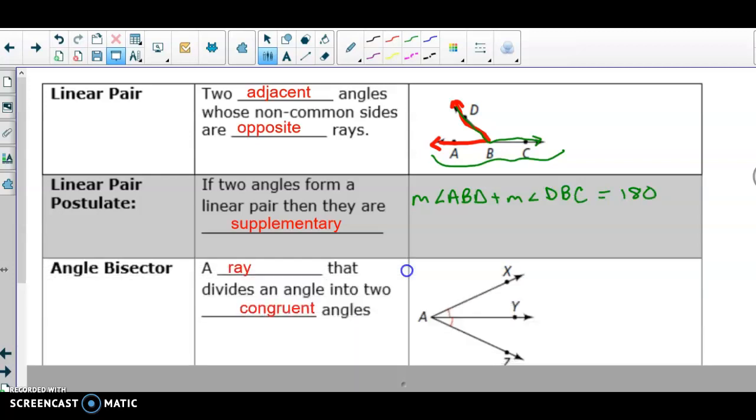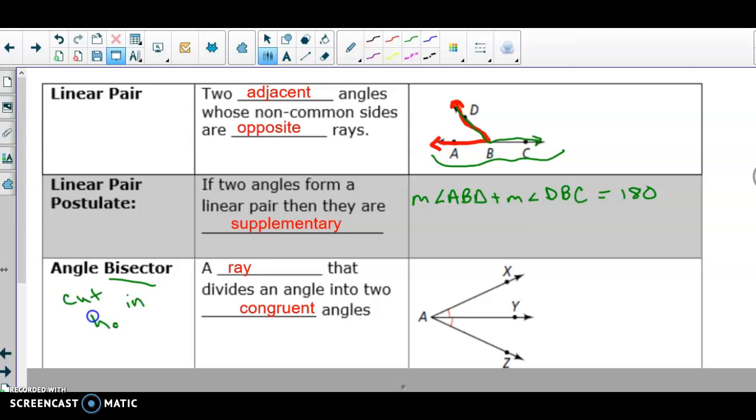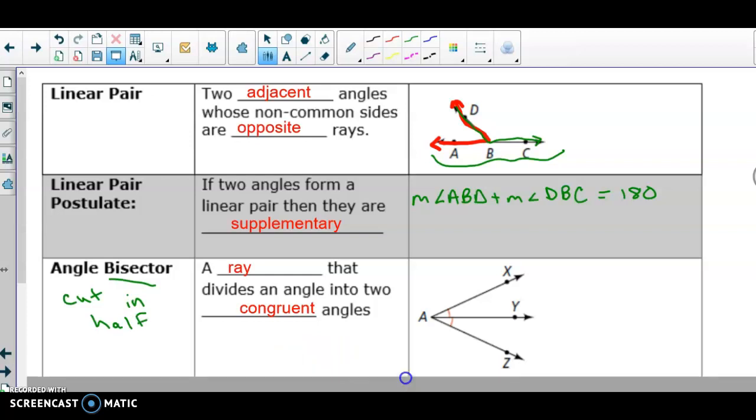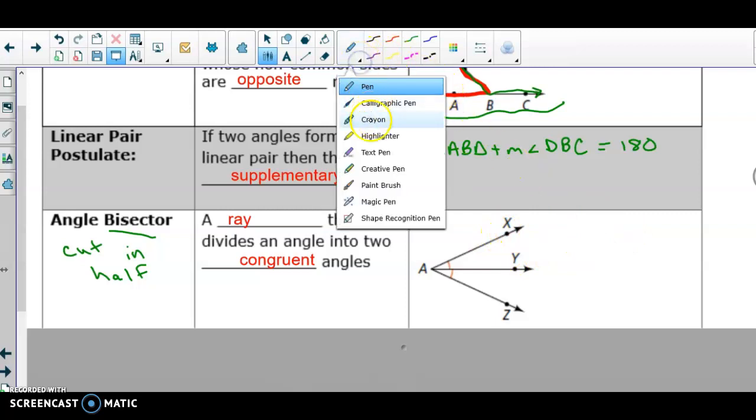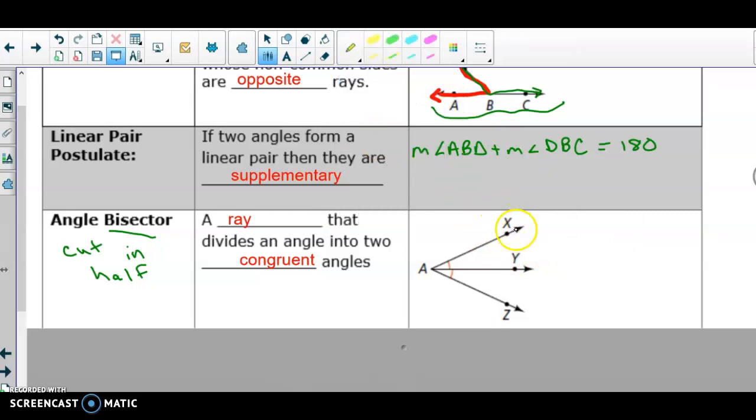An angle bisector. The word bisect means cut in half, or cut into two equal parts. So a bisector is a ray that divides an angle into two congruent angles. So if we start here and talk about the largest angle that we see in this picture, we have angle XAZ.